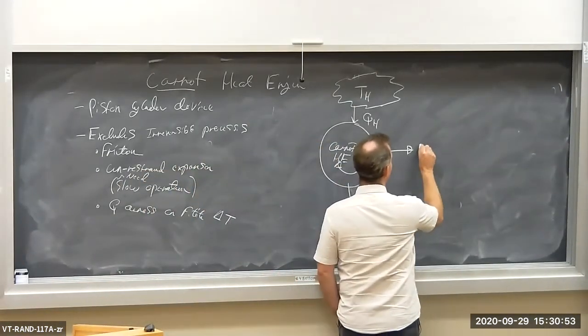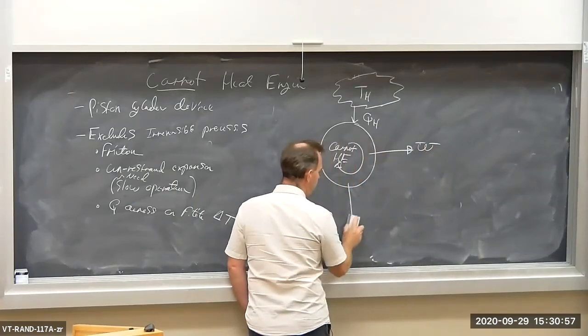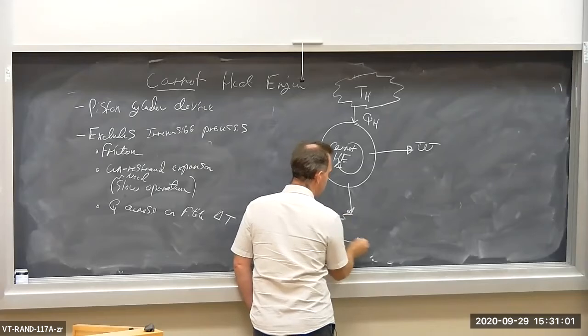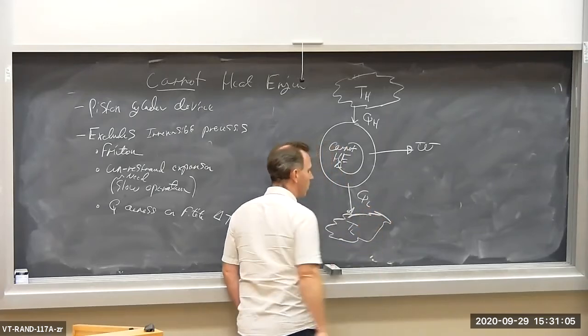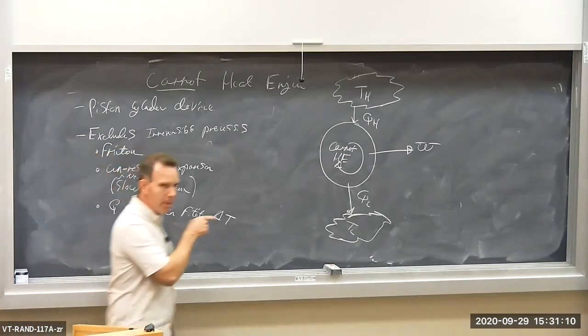So it's producing work over the cycle, and it is rejecting some excess heat to a low temperature reservoir, rejecting Q low to a low temperature reservoir. That's the big picture.